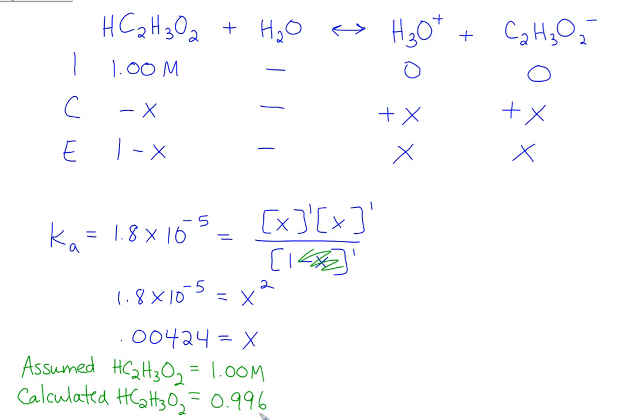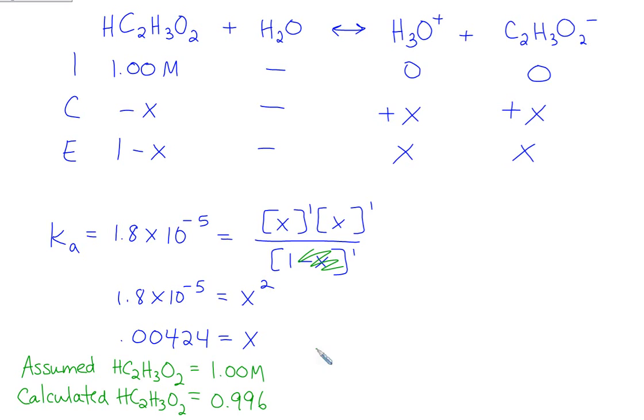Are you convinced that those differ by less than 5%? I certainly am. If I check it in my calculator, divided by 1, they differ by like 0.4%. I'm okay with that.